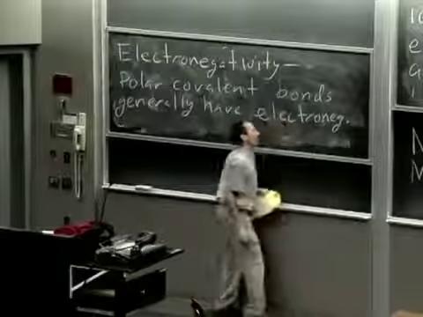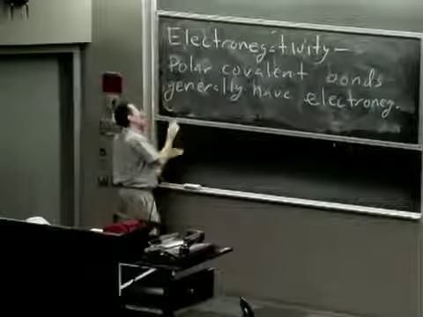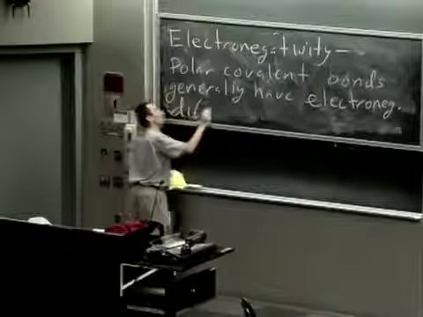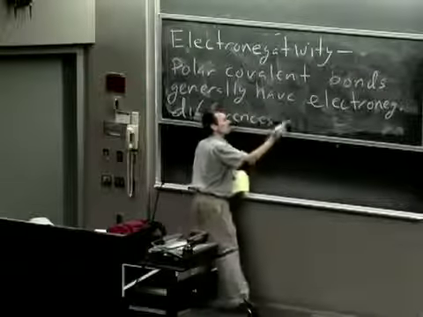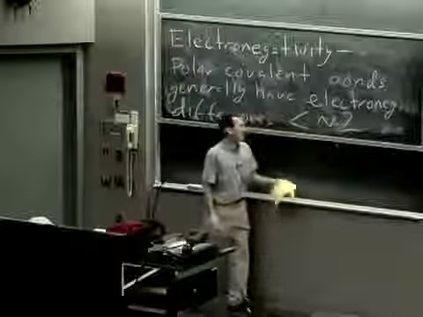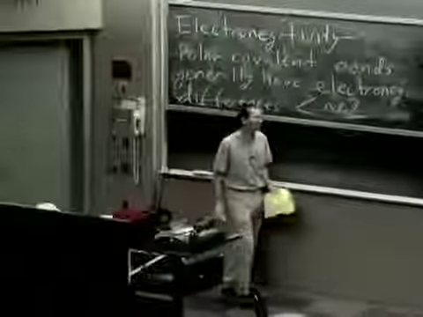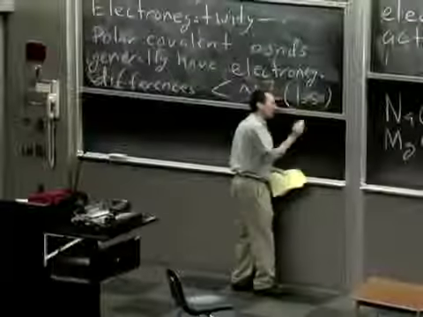I'll just abbreviate that, electronegativity differences. And I'm going to deliberately be a little vague, about 2, depending on the circumstances, 1.5.